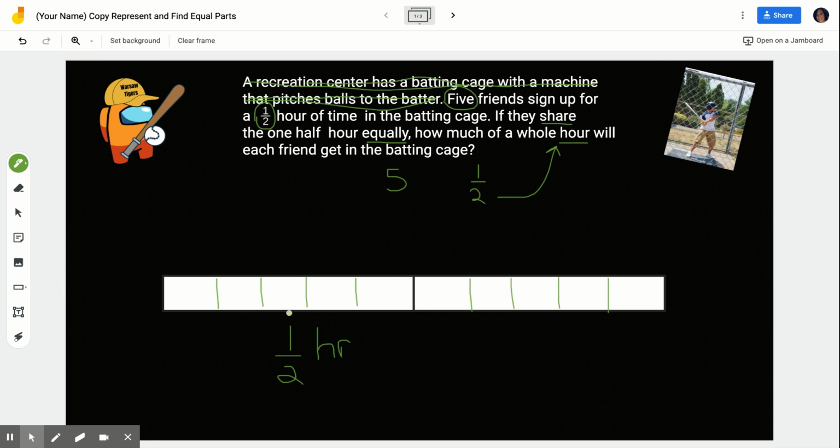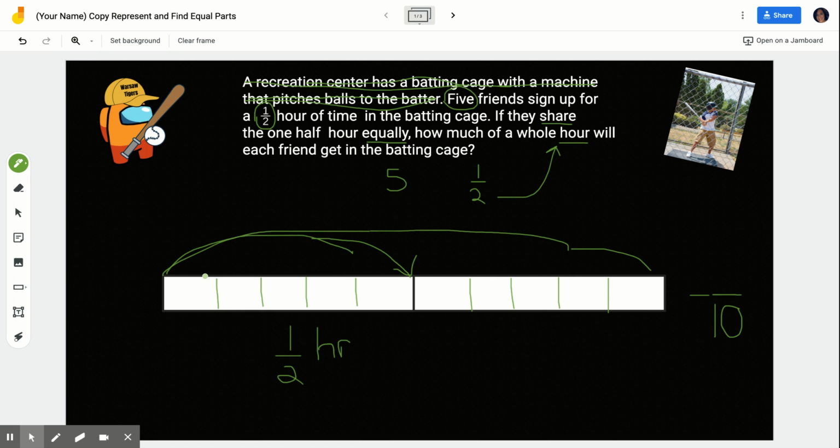Now, this would have been 5 pieces, but since it's 1/2 hour from here to here, and we're solving for 1 whole hour, then that means I really need to count the pieces all the way to the end here. So this is going to be out of 10 pieces.